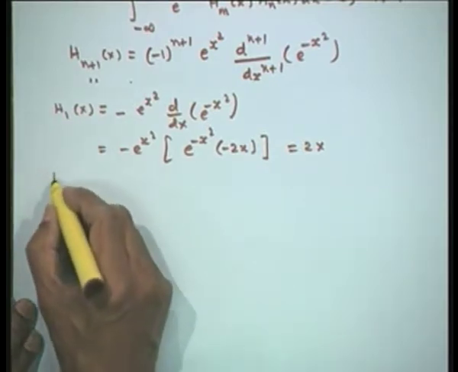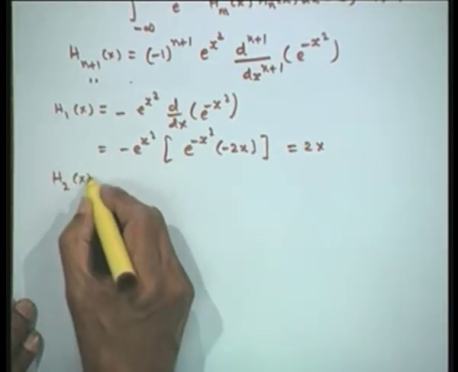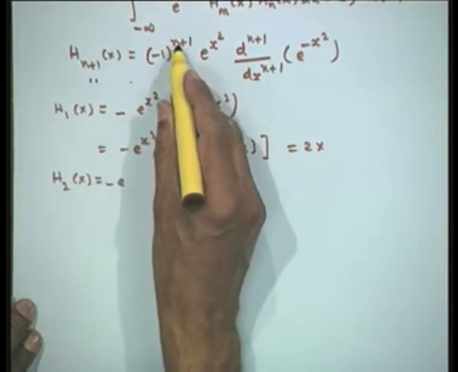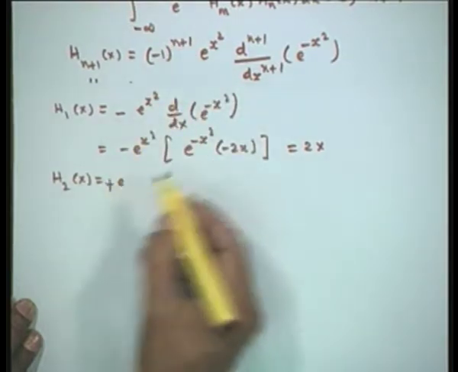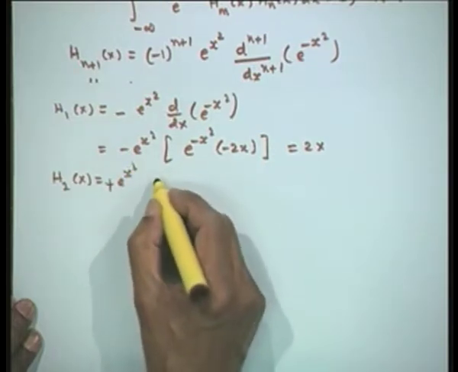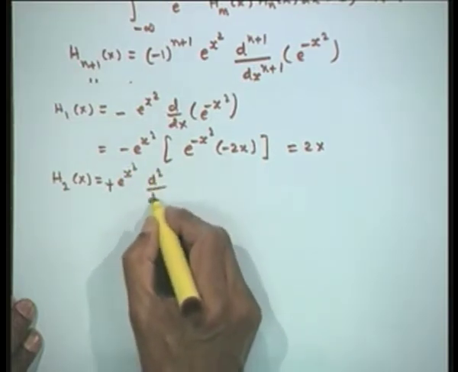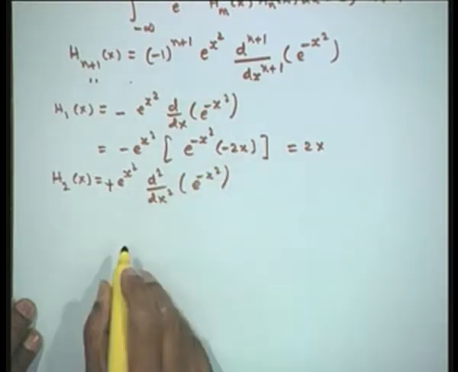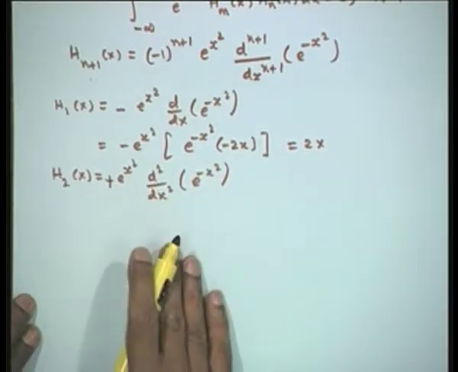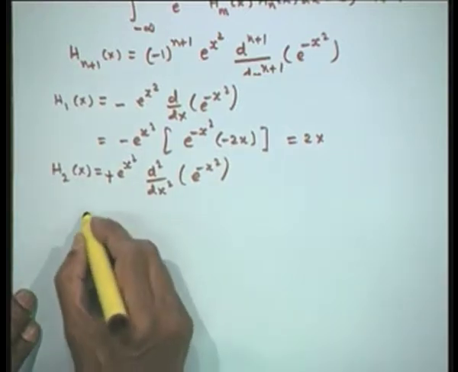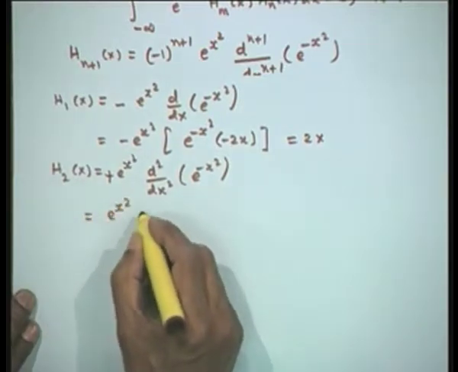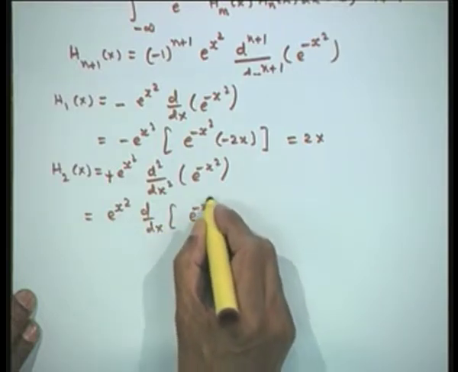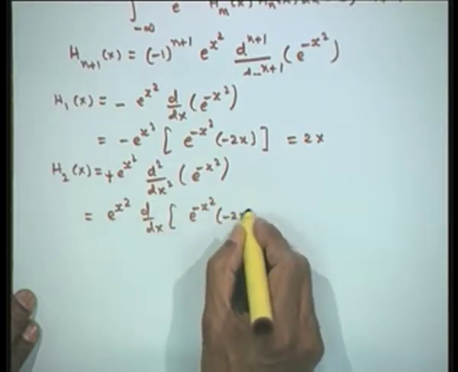Now, let us take one more polynomial, h2x. Here n is equal to 1, therefore, I have a plus sign here, then you have exponential of x squared d square upon dx squared exponential of minus x squared. So, let us evaluate this: exponential of x squared d upon dx exponential of minus x squared into minus 2x.